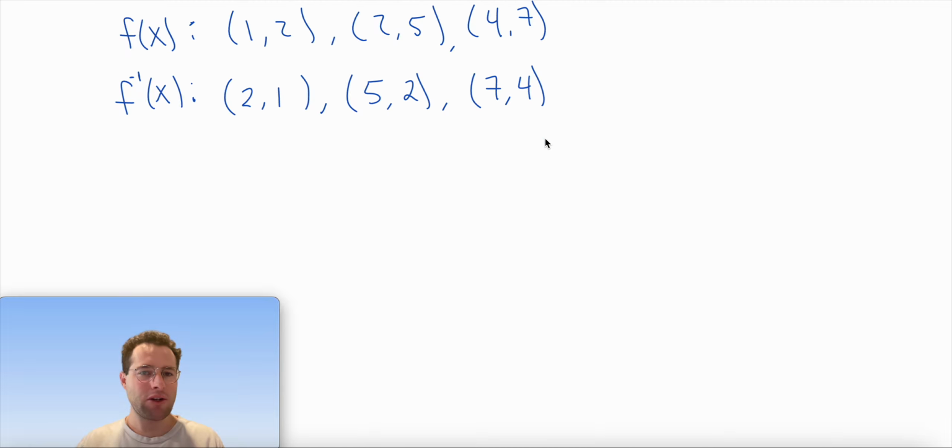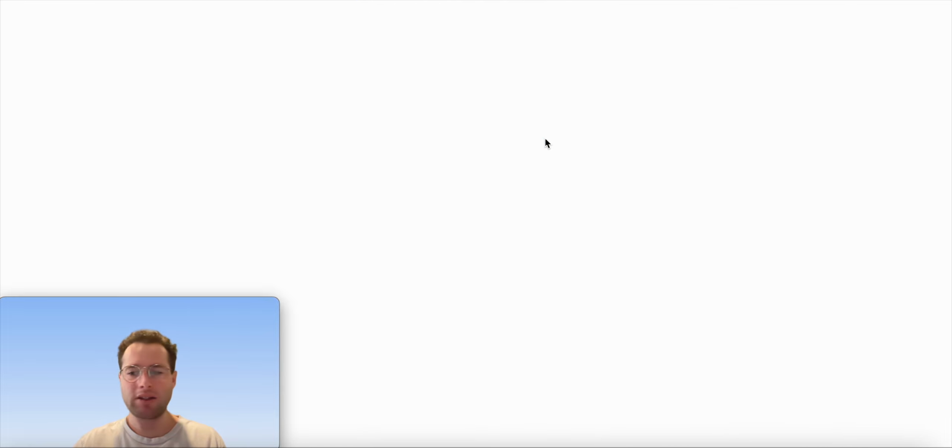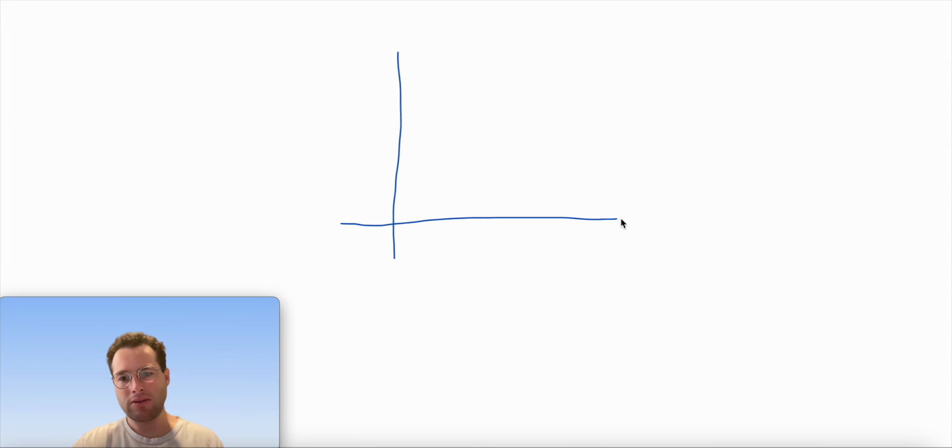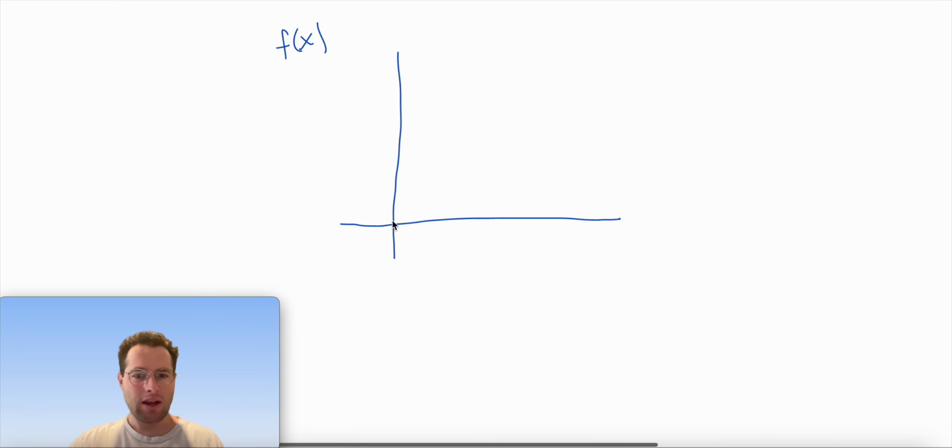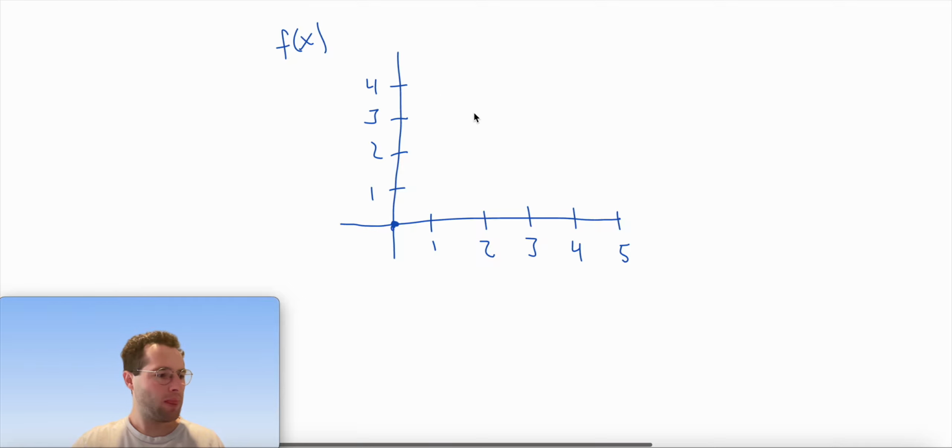I'd like to give another example here, something else you might see. Let's say we have a function f of x that's defined as follows. I'm going to draw axes with x and y from 1 to 5.